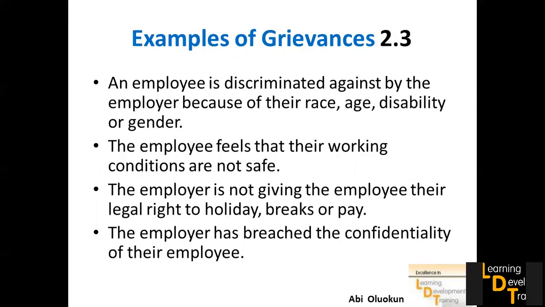Another example would be the employer has breached the confidentiality of their employee. So you have divulged information to your employer, and for some reason, confidentiality has been breached. This can also become a grievance, and you need to follow the right procedure.